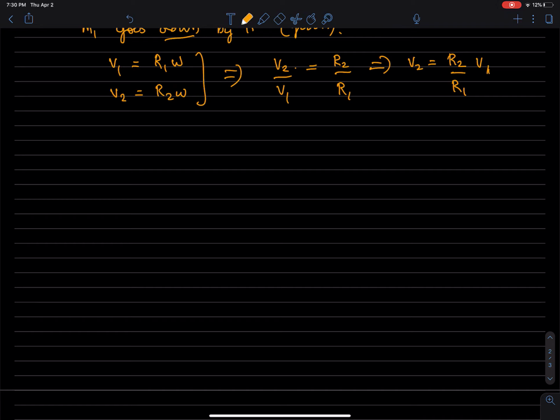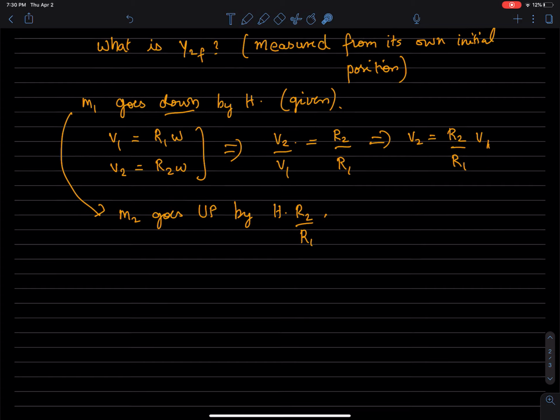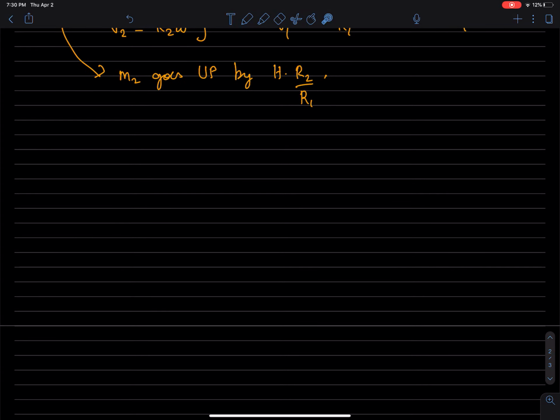So if mass m1 goes down by h, m2 goes up by h times R2 divided by R1. So your y2 final equals h times R2 by R1.